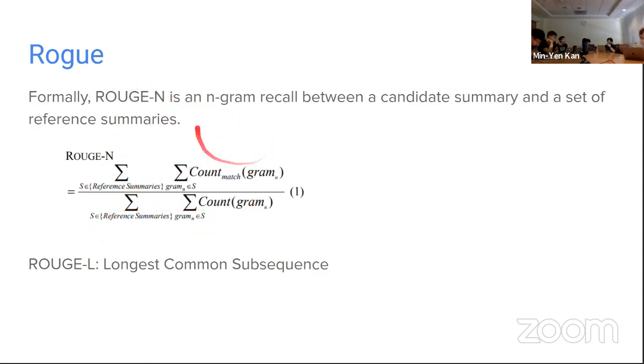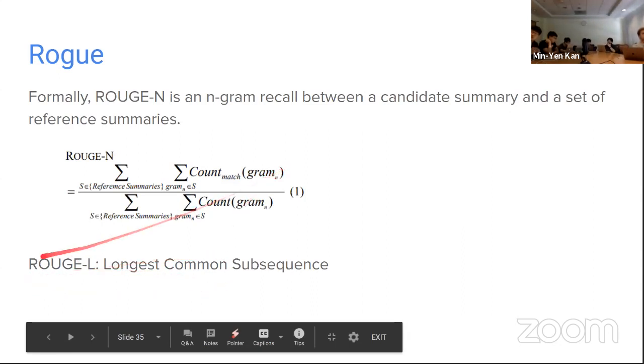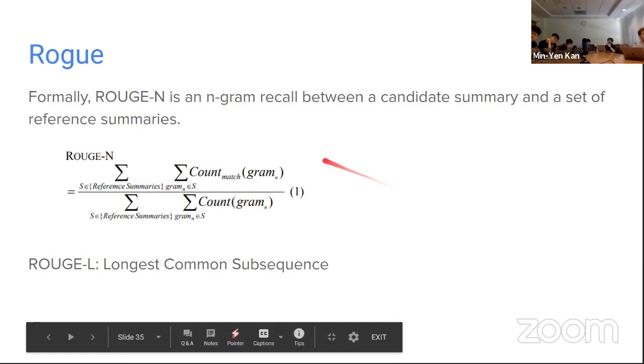So it's basically a recall-based evaluation metric. There's also an alternative that looks for the longest common subsequence, and that's called Rouge-L. And as I said, it's a recall-based metric.